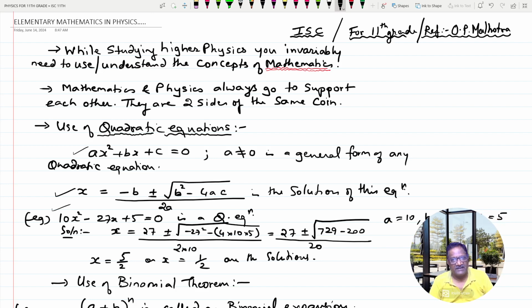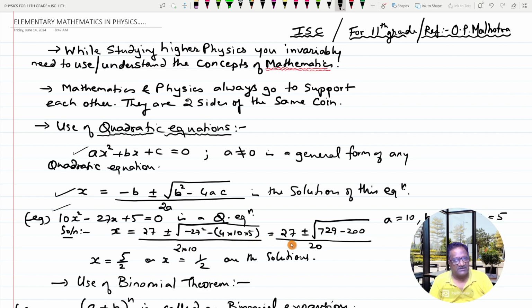Using this a, b, c in the formula, you can write x is equal to minus b, that is minus of minus 27, which is 27, plus minus square root of b square, that is minus 27 square, minus 4 into a into c, that is 4 into 10 into 5, whole divided by 2a, that is 2 into 10.